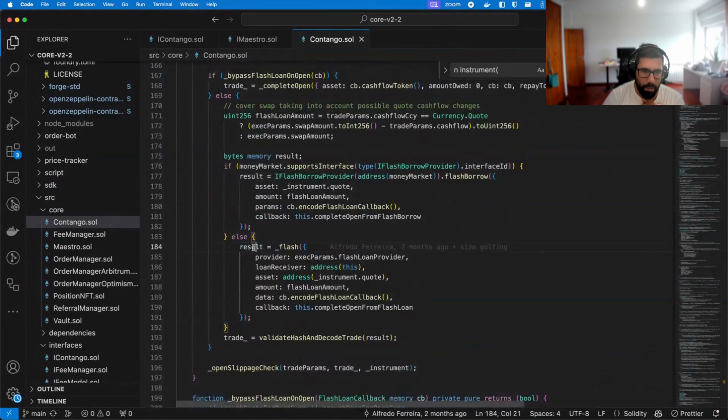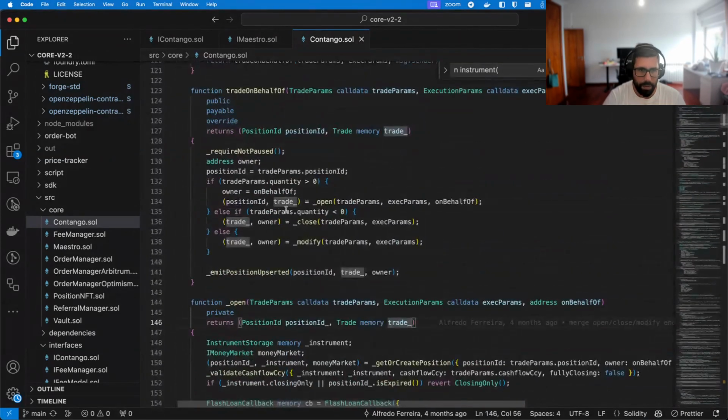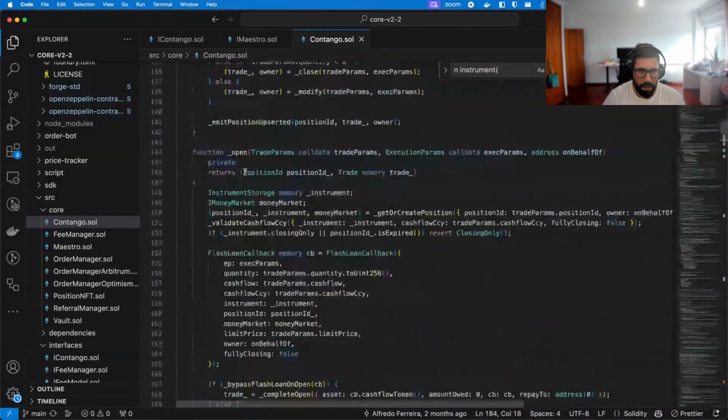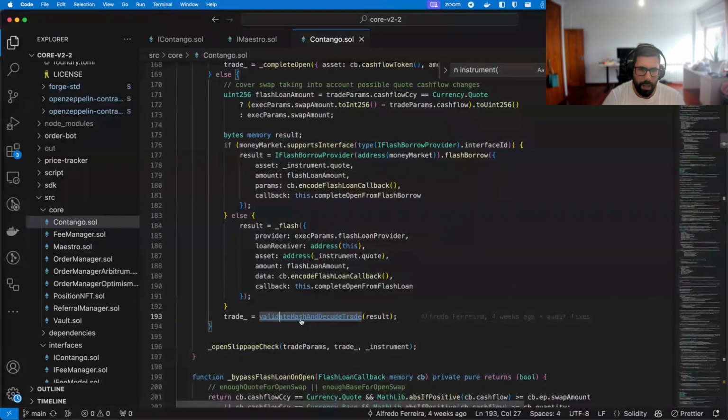And I know that with these bytes, I will be able to parse them back into this trade object. Till here we return this trade, everything returns this trade, and then in the end, sorry, this is the trade. This is already parsed. No, we are parsing it here. Yeah.